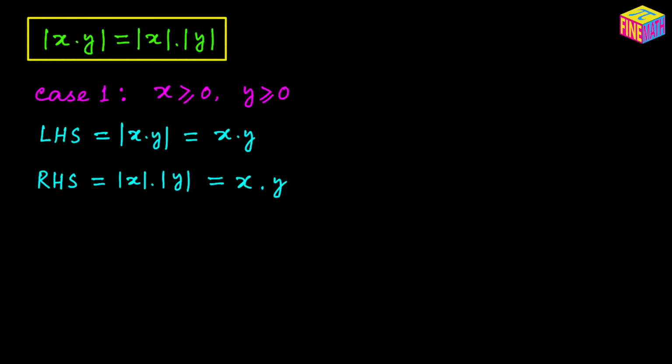Now in both cases, our left hand side is looking like x times y and our right hand side is also looking like x times y. So can we say that our left hand side is equal to right hand side? Then for the first case where both x and y are non-negative, we have proved that yes, this result is true.